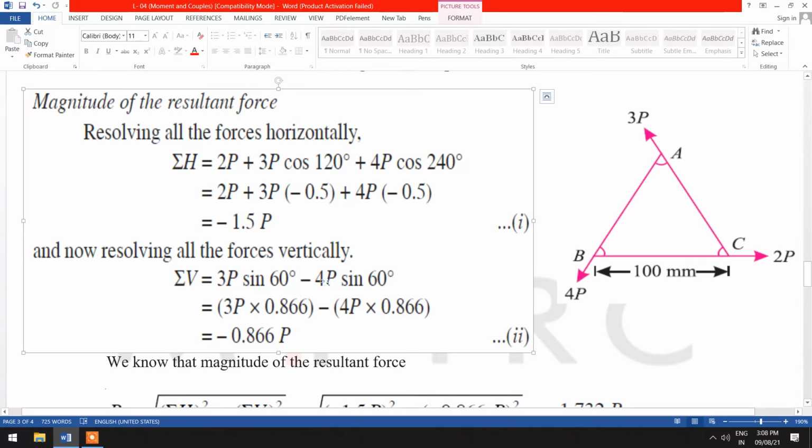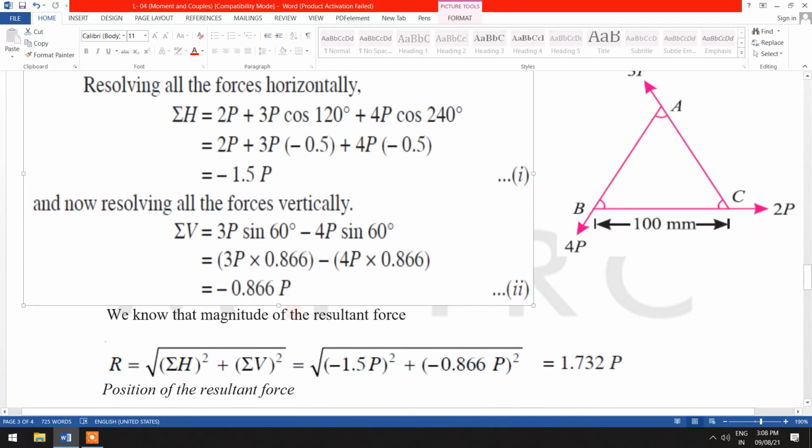After that we will put the value of sin 60 degrees, that is 0.866, and after putting the value we will get the summation of vertical components equal to minus 0.866P.